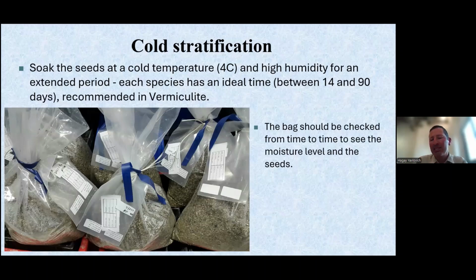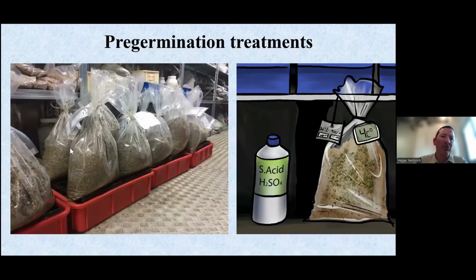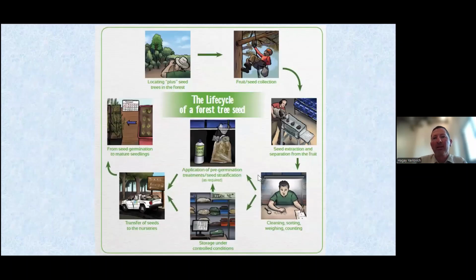And you can see that after a few weeks, the seeds start to germinate, or we bring the seeds to the nursery and the seeds germinate in the nursery. So we can summarize that, and this is another picture of the stratification, we can break physiological dormancy by stratification, or physical dormancy by scarification with the sulfuric acid.